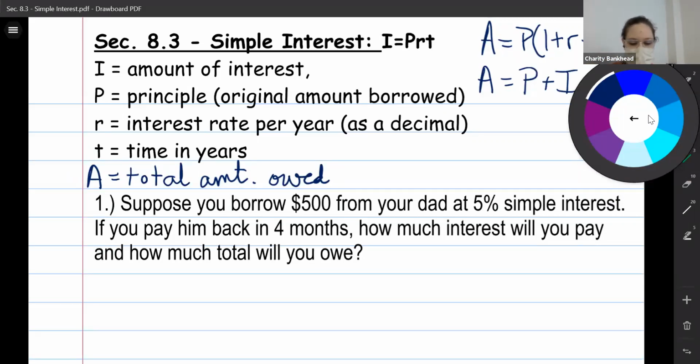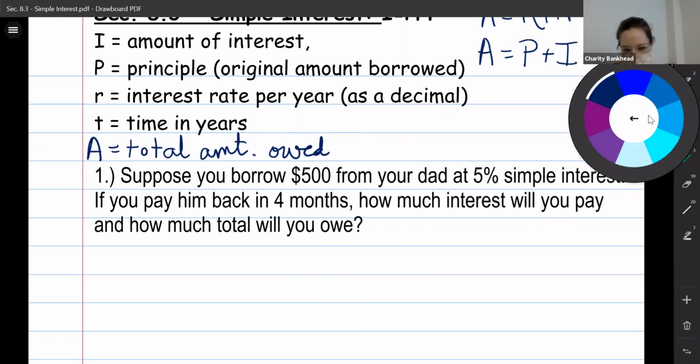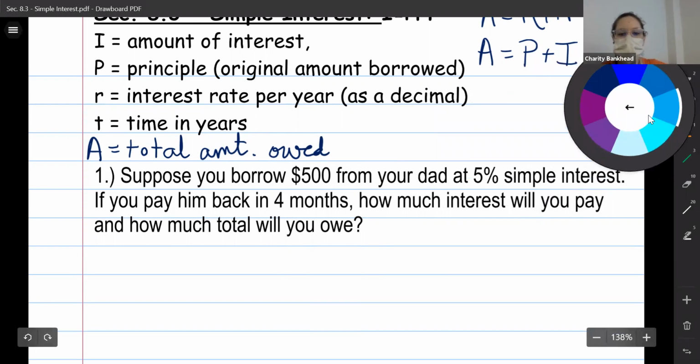All right, so number one says, suppose you borrow $500 from your dad at 5% simple interest. If you pay him back in 4 months, how much interest will you pay and how much total would you owe? All right, so 500 is the principal.